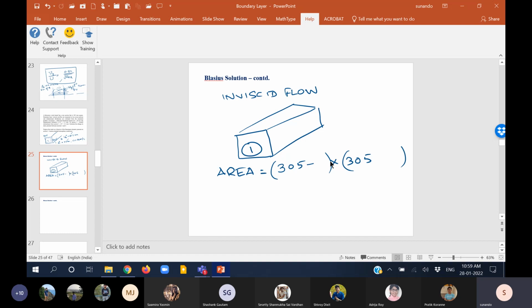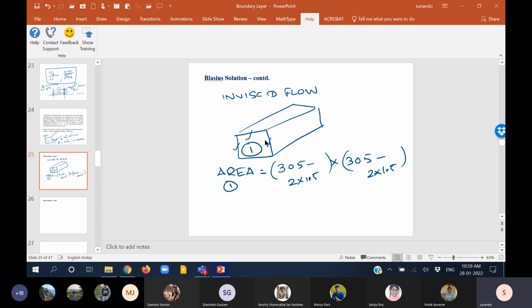So what would be the area at 1? It is inviscid flow now, so it must be equal to 2 into 1.5 millimeter. And over here, it's going to be 2 into 1.5 millimeter in order to account for growth of the boundary layer from all 4 sides. Am I clear?